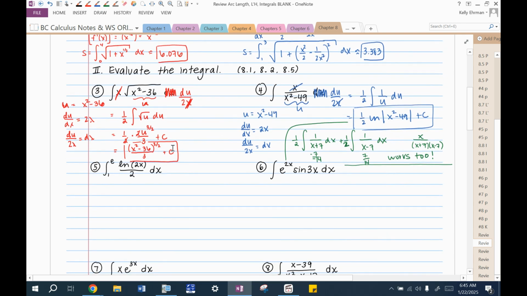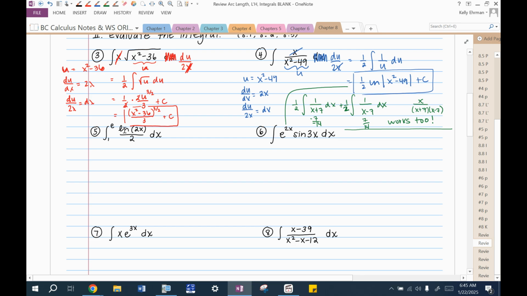Okay, we have to integrate something with a natural log. And remember, if a natural log is involved in the integral and there's no x down here to cancel out for u sub, this is going to be integration by parts. So let's set up our tabular method, u and dv. U would have to be, because of LIATE, ln of 2x.